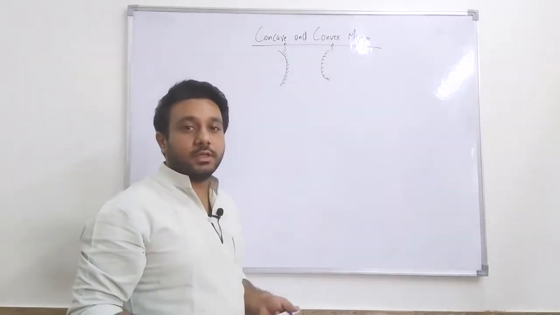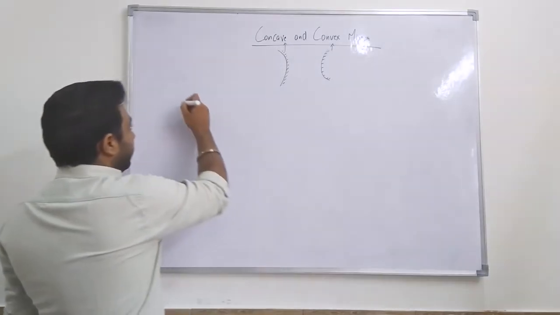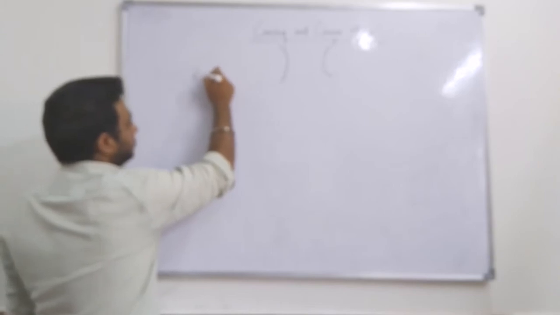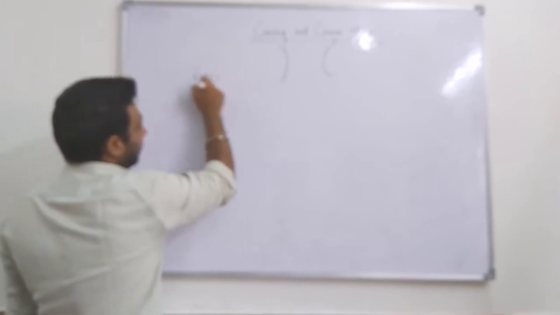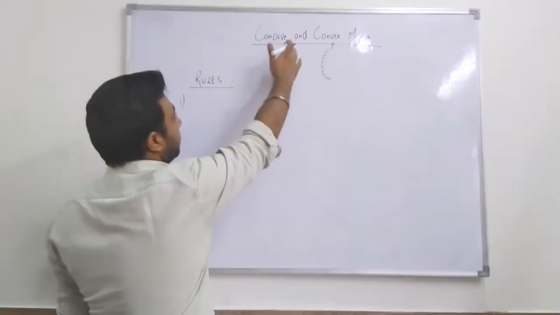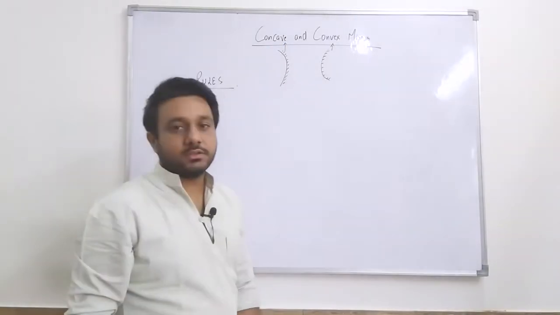Okay. Now there are some rules for the formation of images. First rule. Now we will write down the rules. We will learn about the concave mirror first.